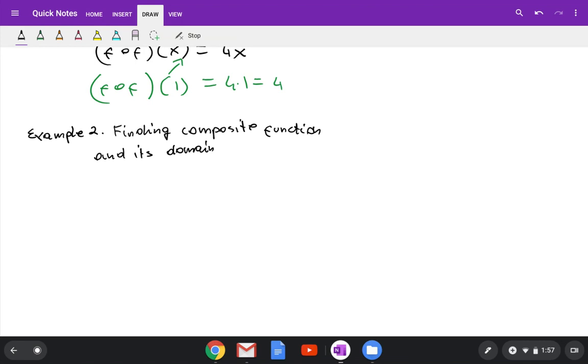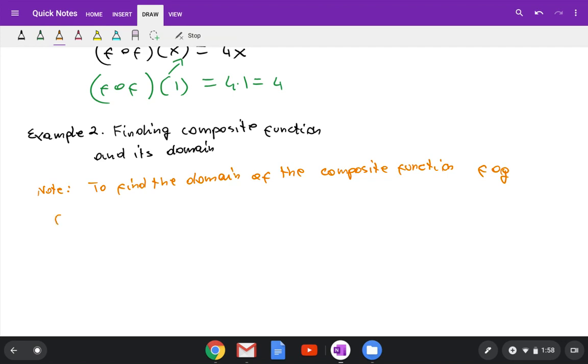So let me just write a note. To find the domain of the composite function, and I'm going to write this down using f composed with g, okay? But if you have g composed with f, we'll just switch the order.